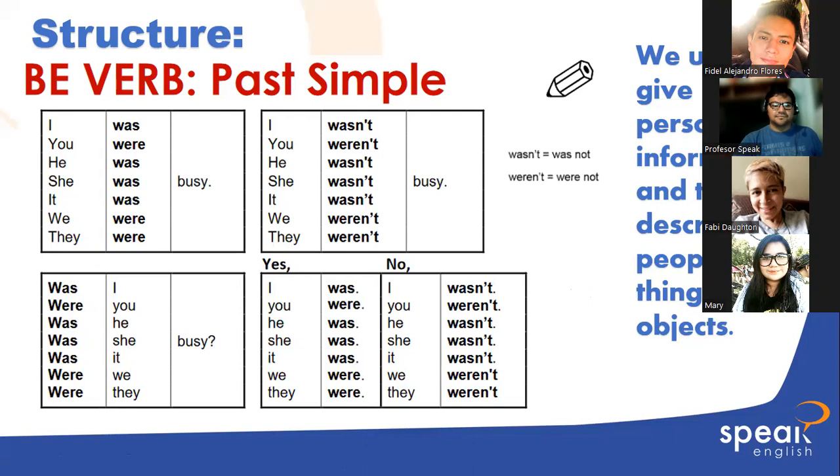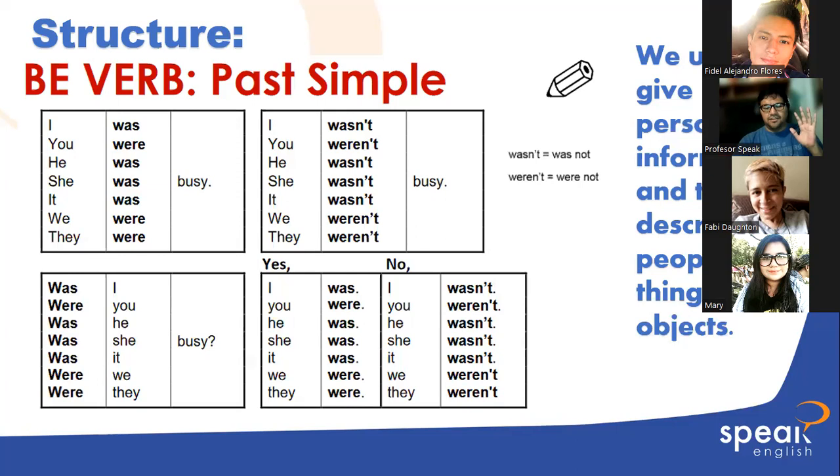Were you busy? Yes, you were. No, you weren't. Was he busy? Yes, he was. Or no, he wasn't. Was she busy? Yes, she was. Or no, she wasn't. Good, good. Okay, thank you.